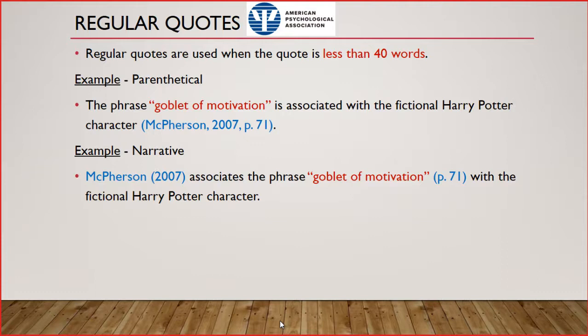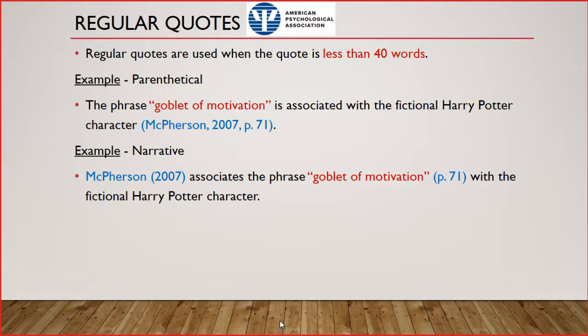If, for example, I delete the ones in blue, what will happen? It becomes: associates the phrase goblet of motivation with the fictional Harry Potter character. You see, we start with "associates" because we have deleted Macpherson, so that sentence is incomplete.